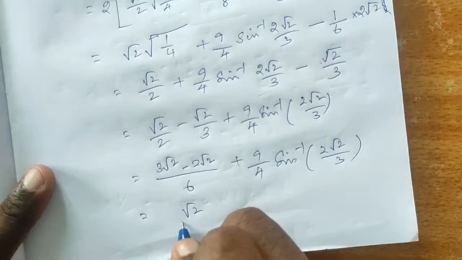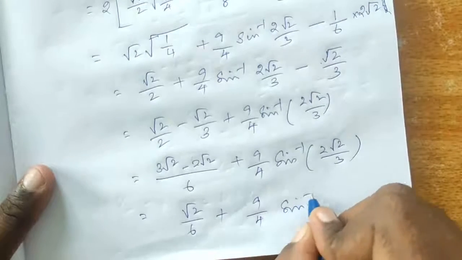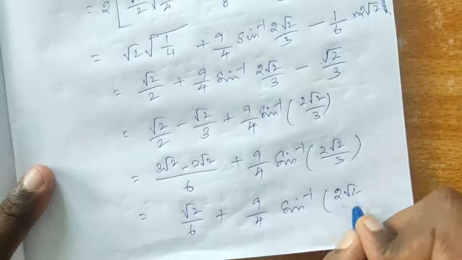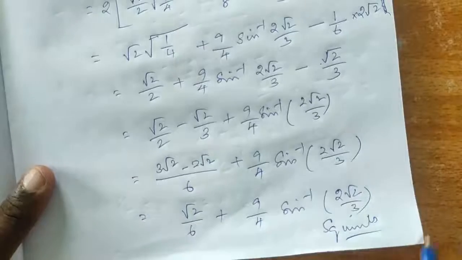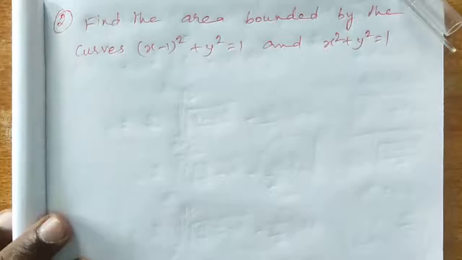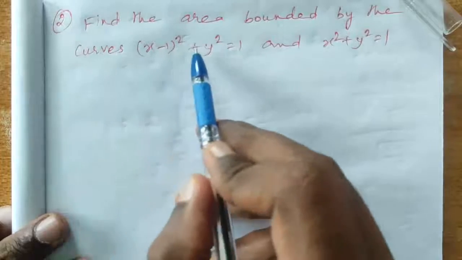So root 2 by 6 plus 9 by 4 sin inverse of 2 root 2 by 3 square units is the required area.